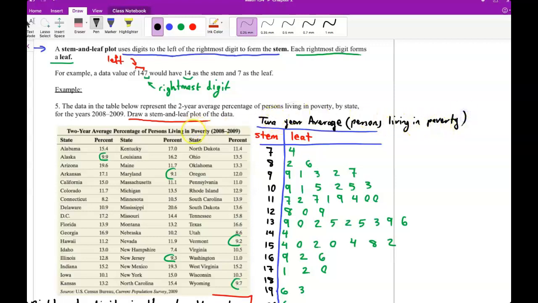So we have exactly what we have for this part. So exactly the same title.